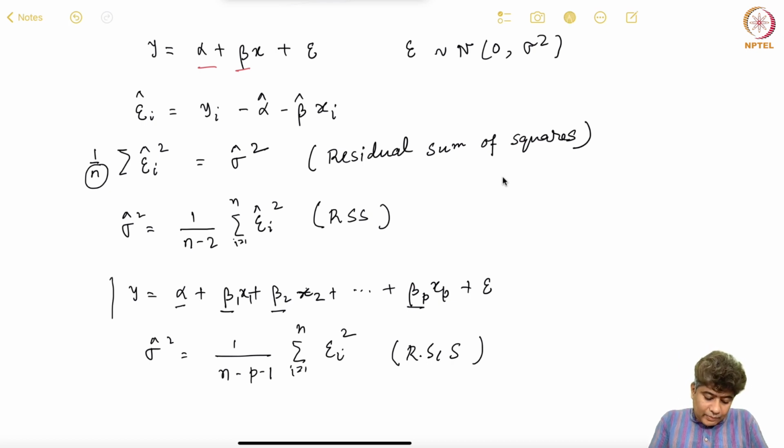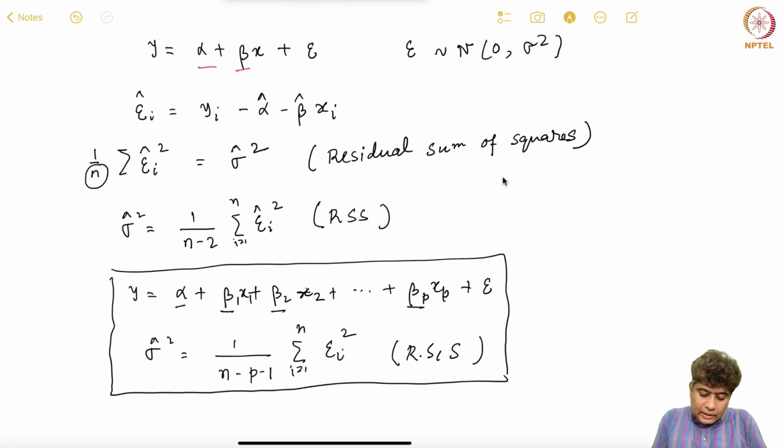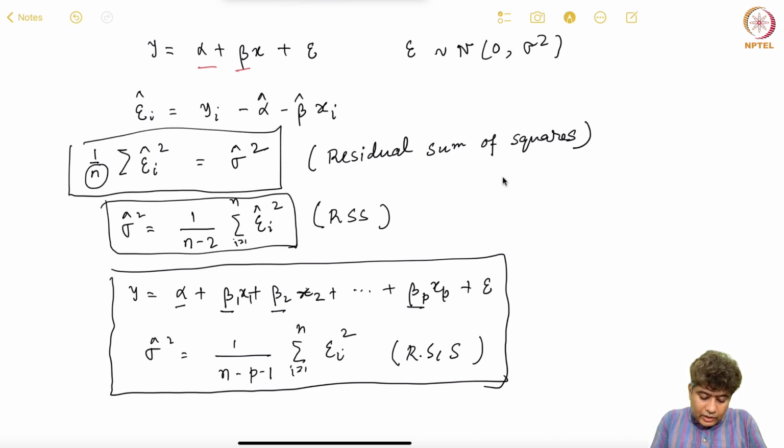We will discuss this more when we generalize, but for the time being we can focus on either this formula or this formula to estimate the residual sum of squares of error, or how much we can expect to deviate from the expected predicted value of y. Thank you very much. Let's continue.